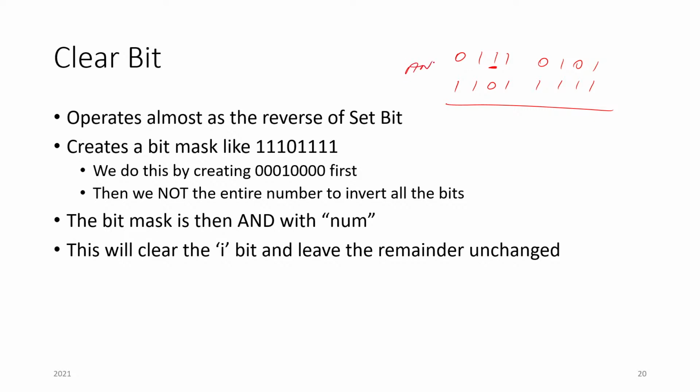And if we AND this, 1 and 1 is 1, 1 and 0 is 0, 1 and 1 here is 1, 1 and 0 here is 0, 1 and 1 here is 1. So this particular bit here is cleared as a result, and all the other bits in our original number are maintained.